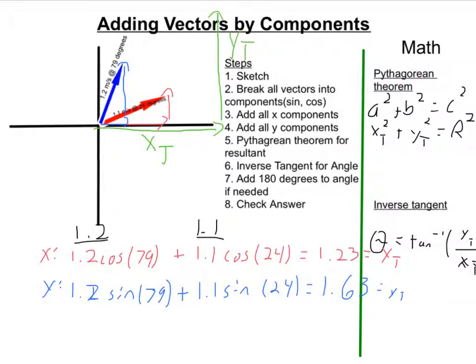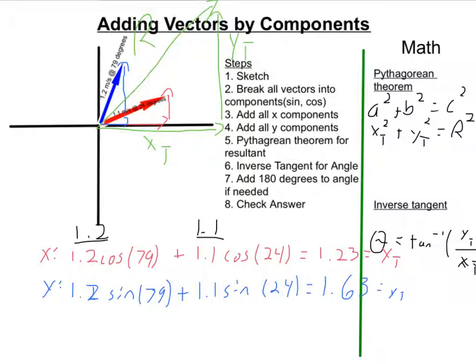So here these two added X total, these two added Y total. And so now I know XT and YT mathematically, here they are, right? So if I know two sides of the triangle, I can find the resultant, R, the hypotenuse of this triangle here. So I'm going to use the Pythagorean Theorem to do this.